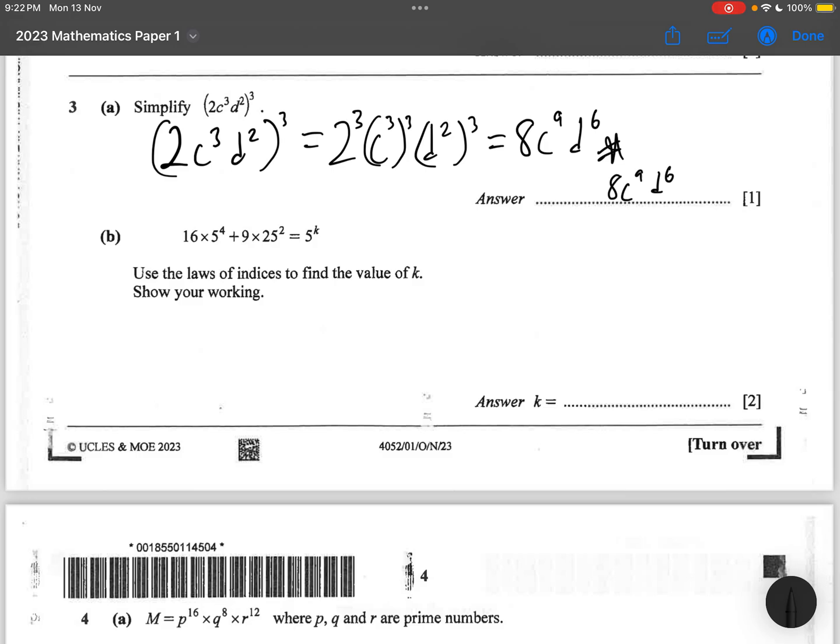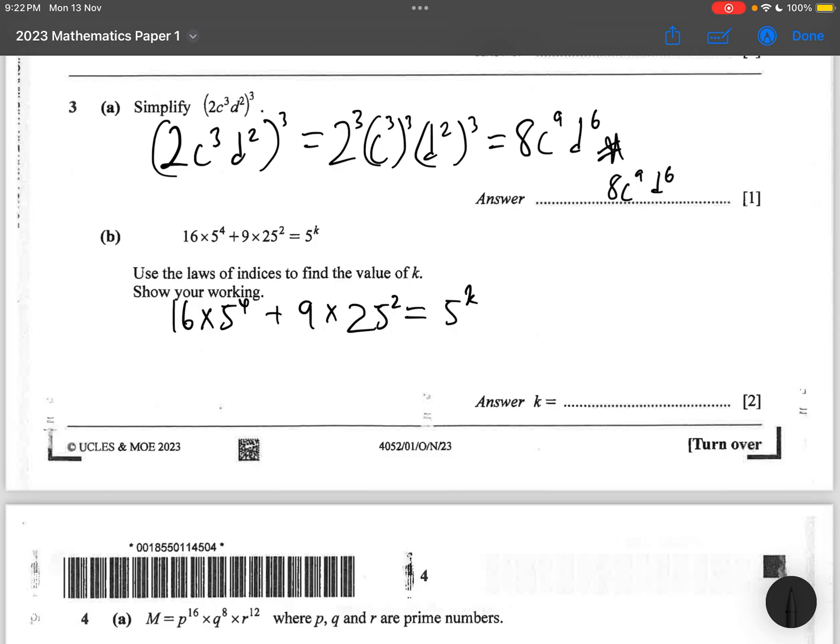Now it seems a bit intimidating at first because there's 16 and there's 9, so we're going to have to deal with working with bases, and this is actually a pretty simple question that we can work our way around. So I'm going to start by writing 16 multiplied by 5 to the power of 4 plus 9 multiplied by 25 squared, which gives me 5 to the power of k.